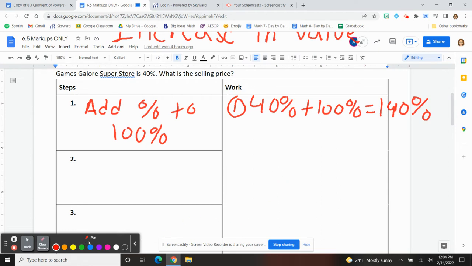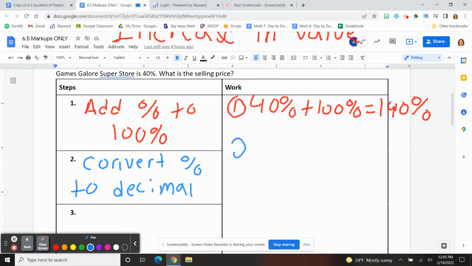So then for step two, it is exactly like the discount process. Step two, we convert our percent to a decimal. So in the case of our first example, our step two, we got to convert 140% into a decimal.